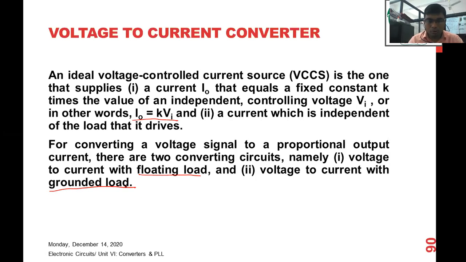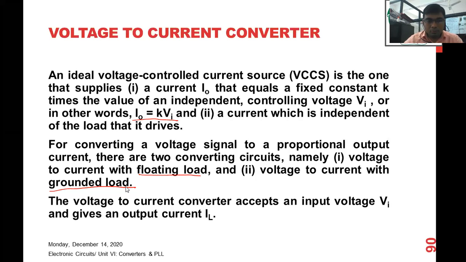These are the two different configurations for this topic that we have to learn today. But in both of them, the voltage to current converter accepts an input voltage Vi and gives an output current IL, that is the load current.